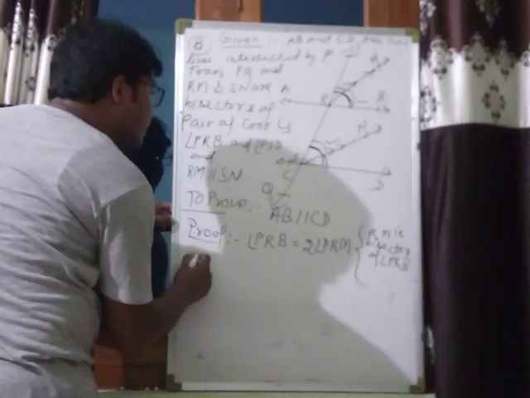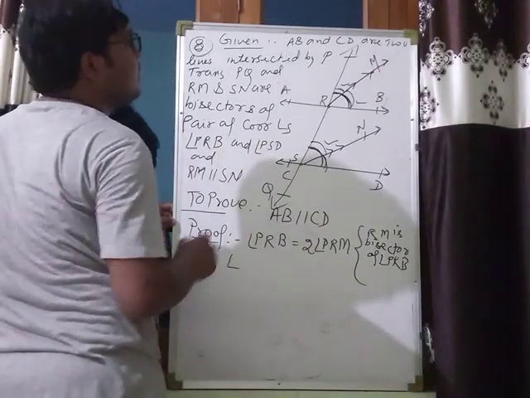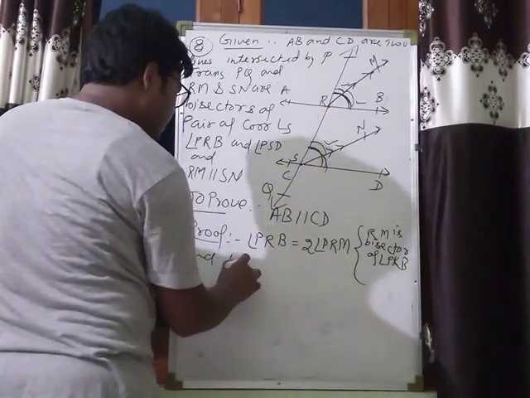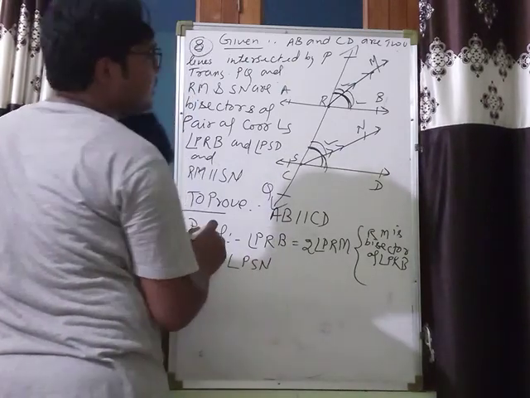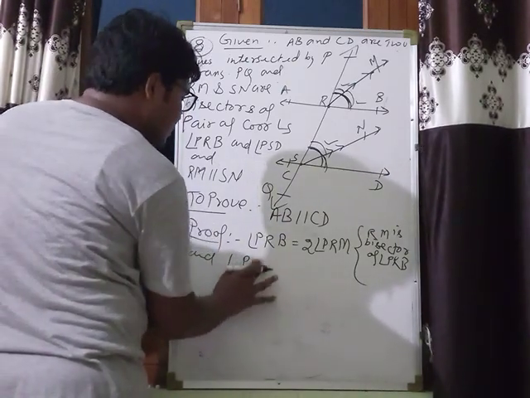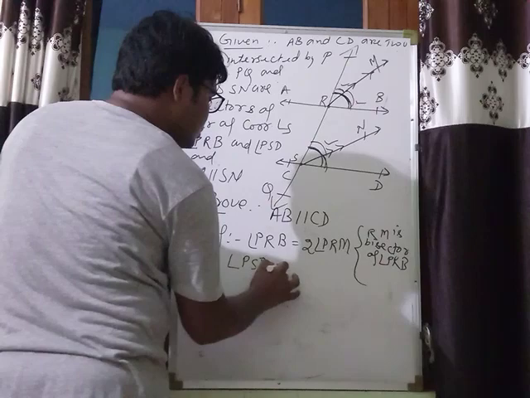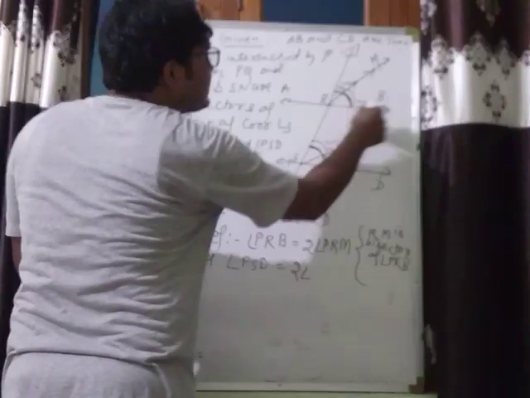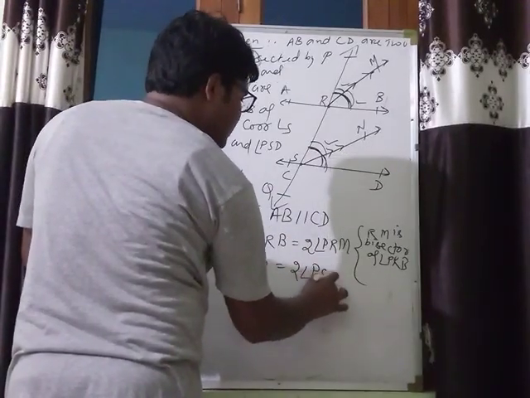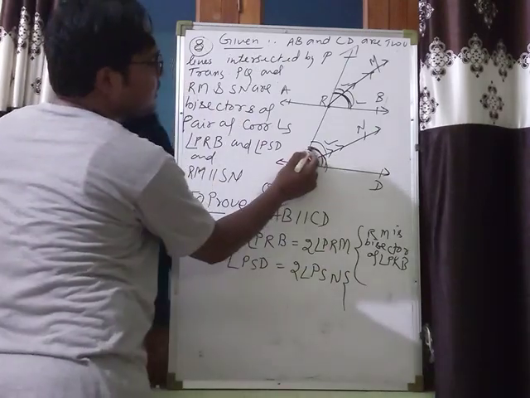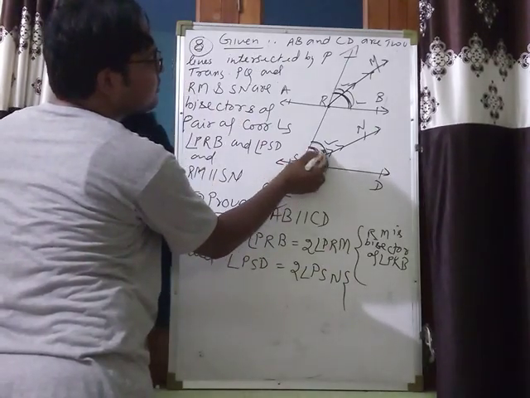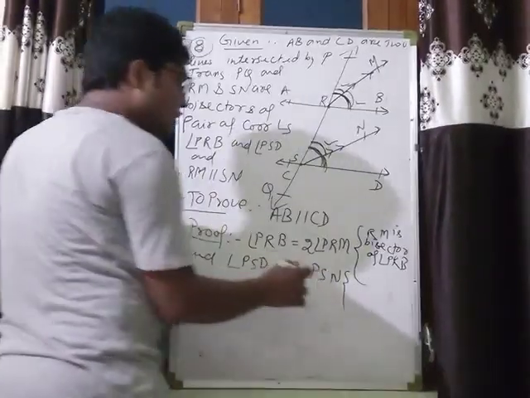Clearly, angle PSD is twice of angle PSN. What is the reason? Look, if this is 80 degree, then this is 40 degree. Okay?